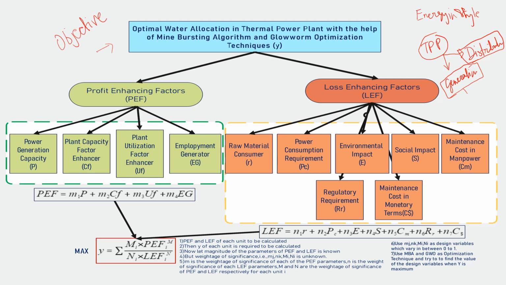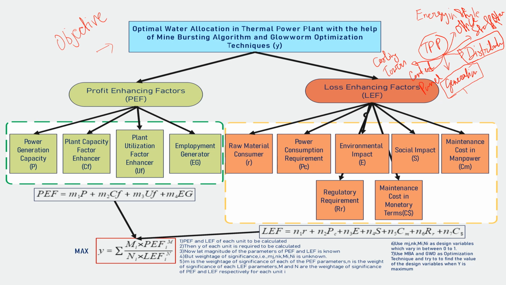So let us come back to our discussion. This is TPP: generation, distribution. Then we have cooling towers, then let us say something known as control panel. And also there are offices, staff quarters, and so on.